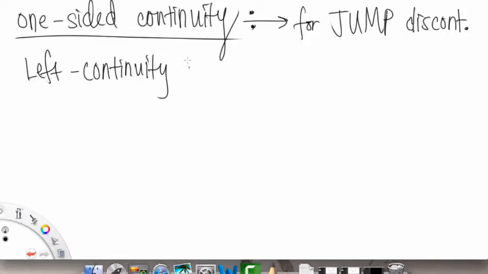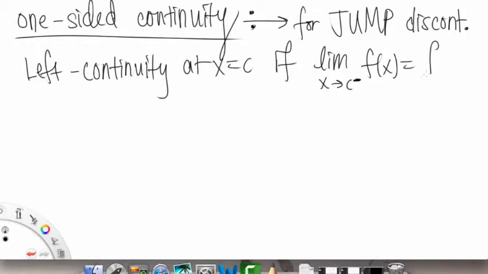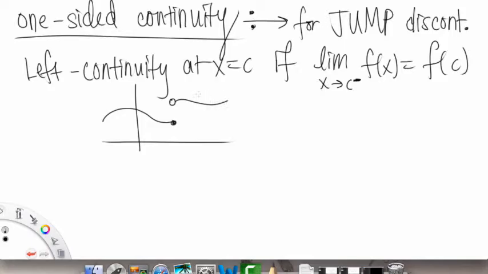So this is at x equals c if the limit as x approaches c from the left, that minus sign means from the left, of f of x is equal to f of c. A picture of this would look like the following. Here's our f of x, and we're going along, we have our point, but then it jumps, and the right side continues.